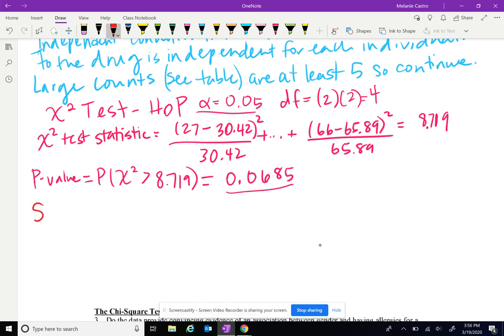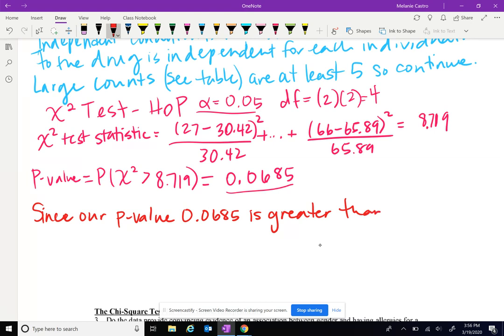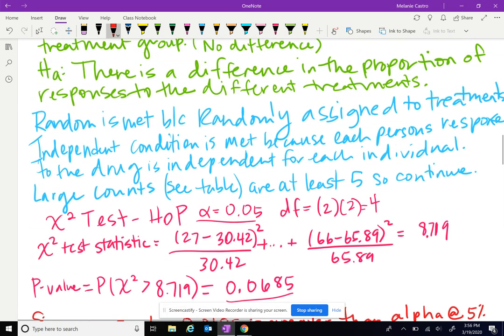Since our p-value of 0.0685 is greater than alpha, at that 5% level, we would fail to reject our null hypothesis.